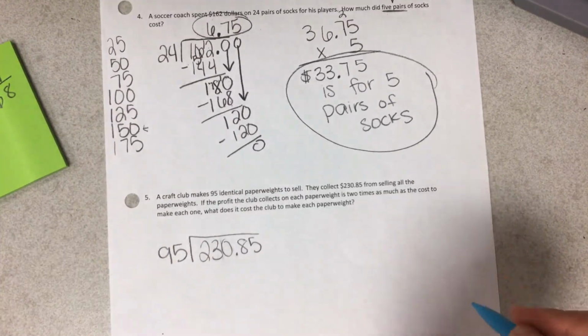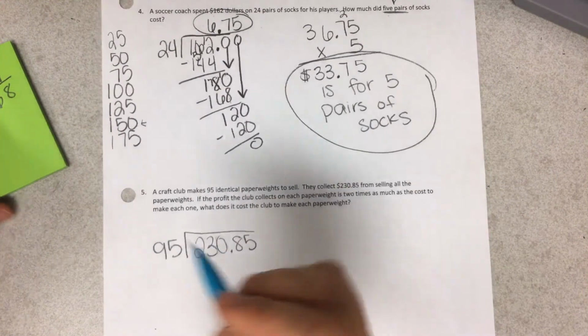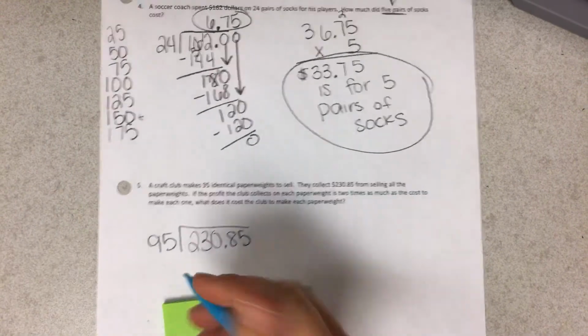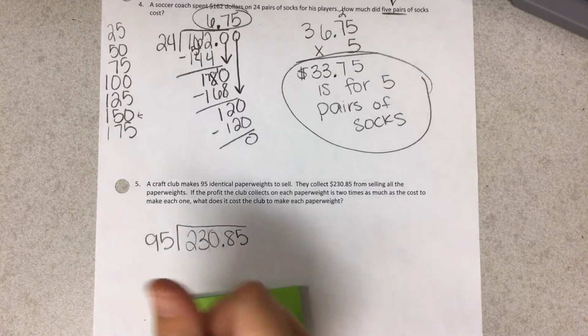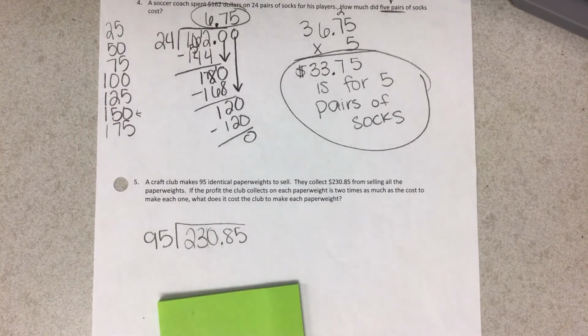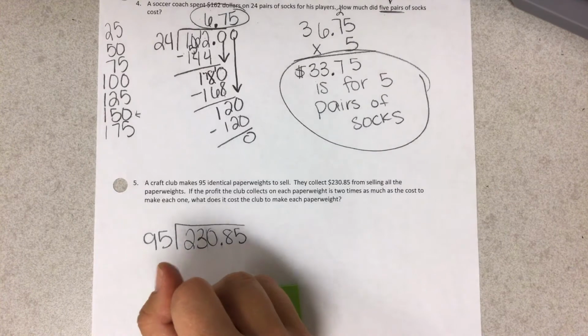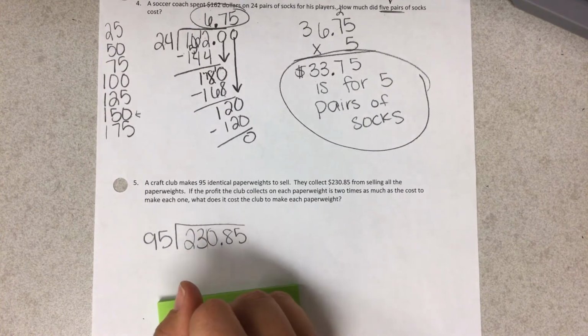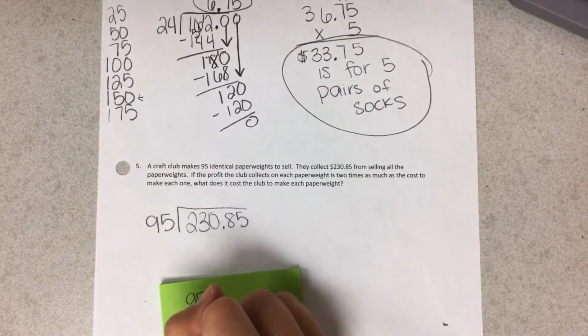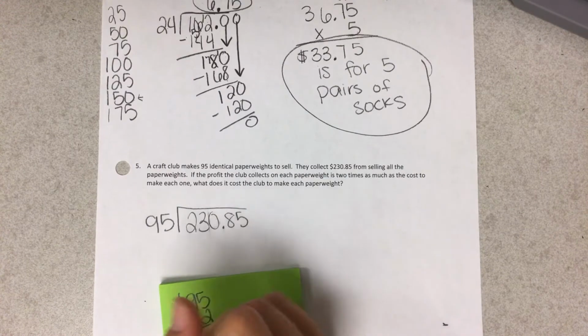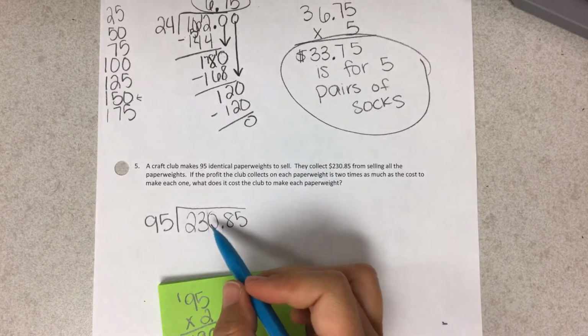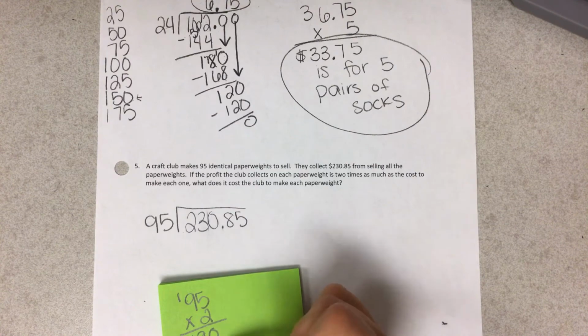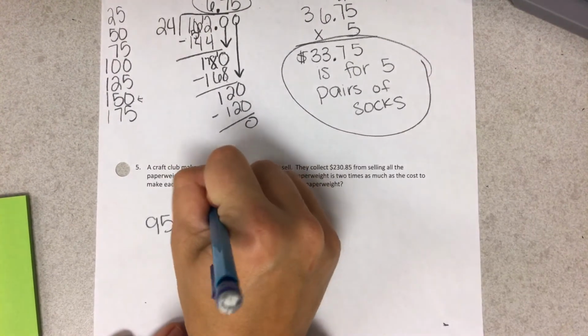I know it's probably going to go in 2 times, so let's check 95 times 2. 5 times 2 is 10, regroup my 1. 9 times 2 is 18 plus 1 is 19. I can't add another almost 100 to be close to that 230, so it's going to be 2.